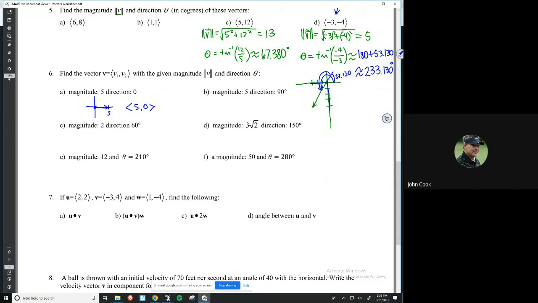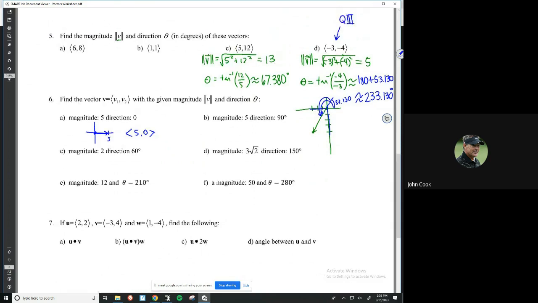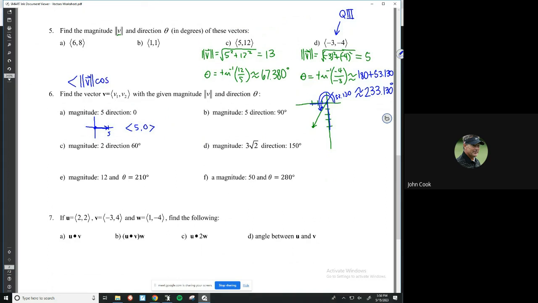Here's how you can fast track it. There's actually an equation for this, and it has to do with your beloved unit circle. Here's how it goes. You can always write it up like this. If you know the magnitude and you know the direction, you just take the magnitude of v times the cosine of the angle theta.